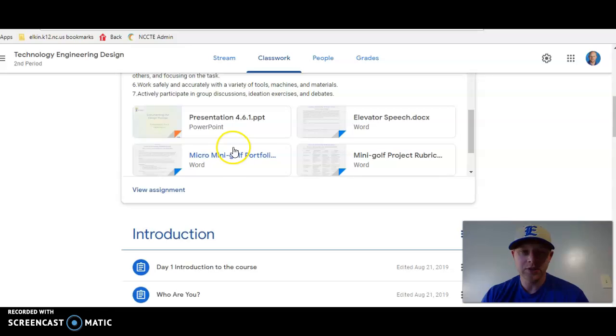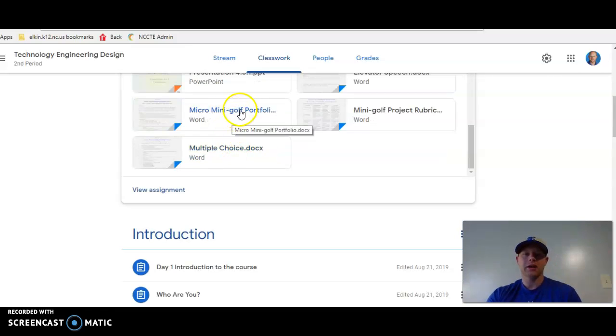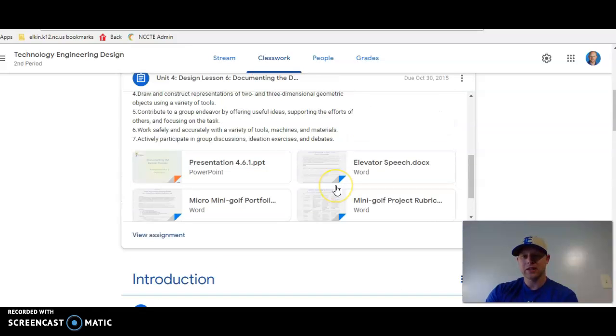So you should have submitted Micro Mini Golf Portfolio Steps 1 through 7, and then you should have submitted the multiple choice in that as well. That's where we're at for today, and today is the 19th of March. If you have questions, please let me know.